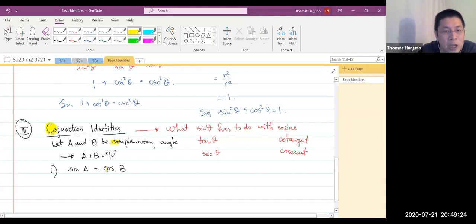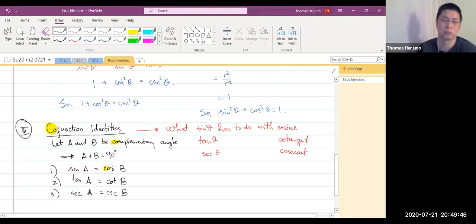So sine and cosine, where A and B are complementary. Tangent and cotangent, A and B complementary. Secant and cosecant, A and B complementary.